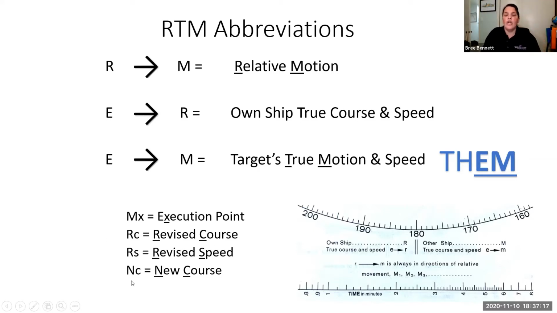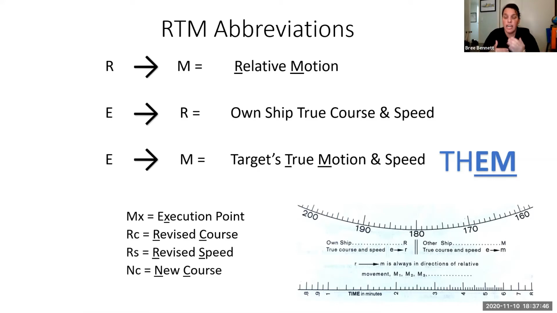Then we're going to have a new R. Sometimes it's written like R prime with a little apostrophe next to the R, or it can be the RC for a new course change, or RS for the revised speed change, whatever change you're going to make. Are you going to change your speed? Are you going to change your course?